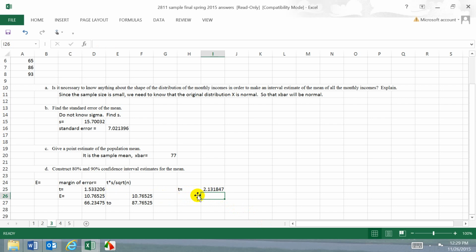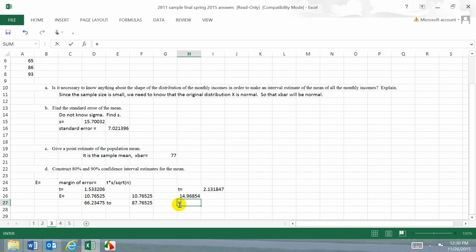And now we're going to do the same thing as what we did before. So the margin of error is t times sigma over the square root of n, or the standard error, 14.